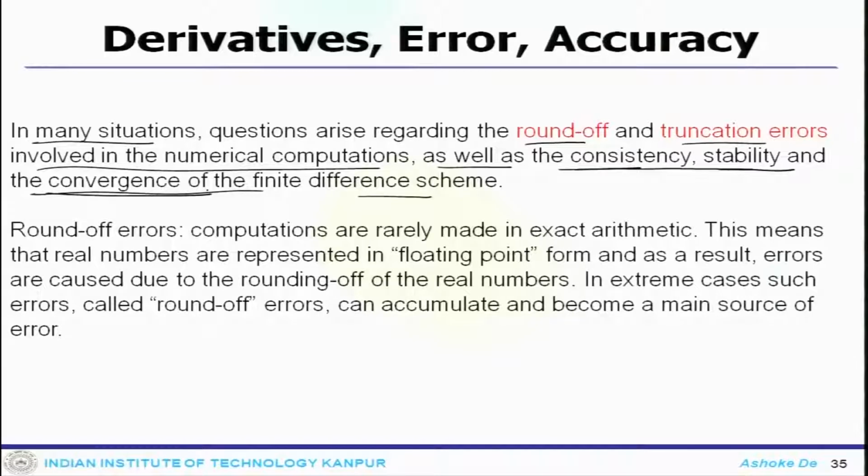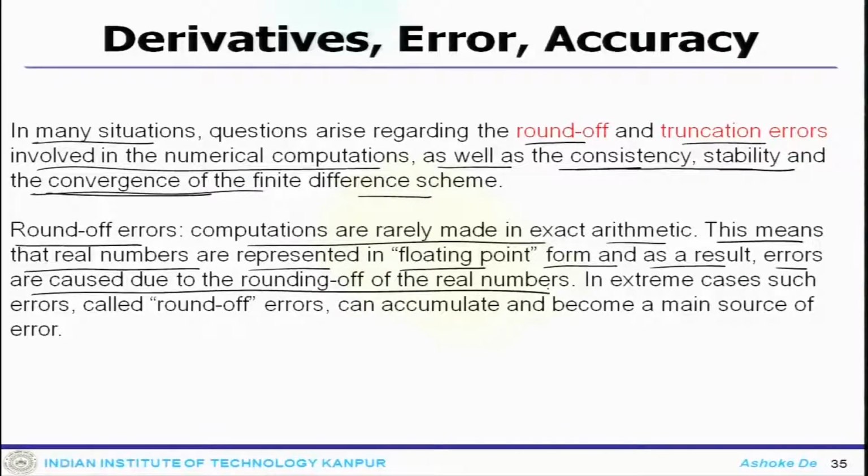And so, let me again repeat the round off errors. The computations are rarely made in exact arithmetic. This means that real numbers are represented in floating point form, and as a result errors are caused due to the rounding of the real numbers.